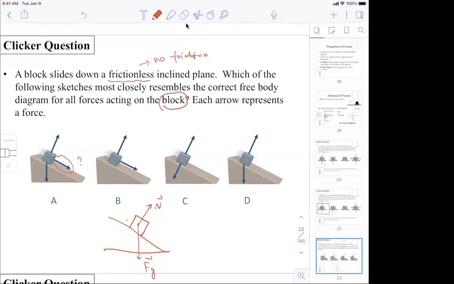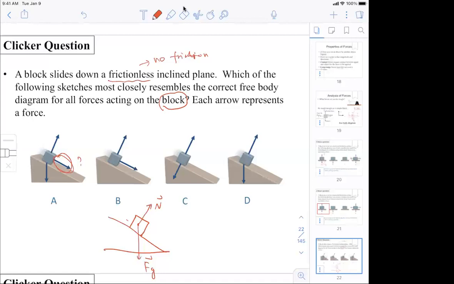Okay. So what is this force then? If you cannot name it, it probably doesn't exist, right? In order to have such a force, you need an agent. You need some object to exert the force on the block.